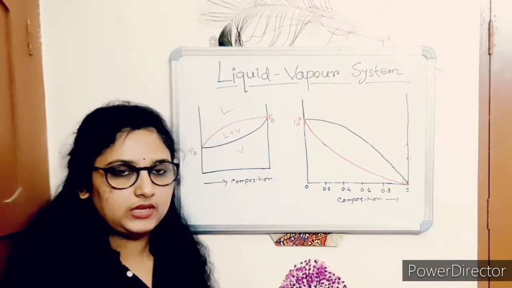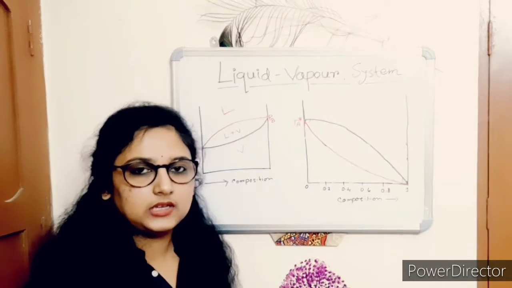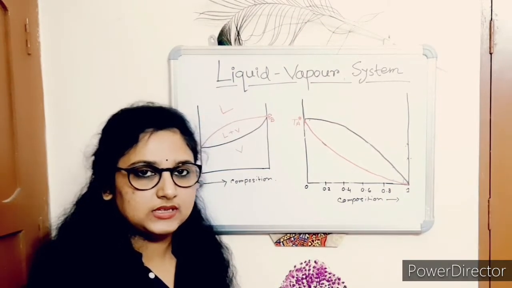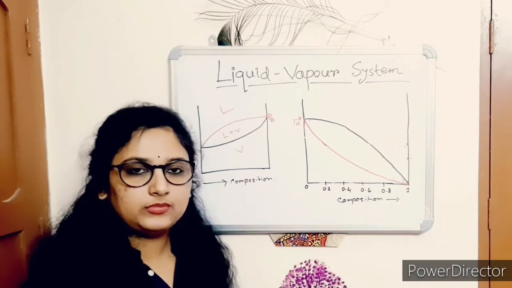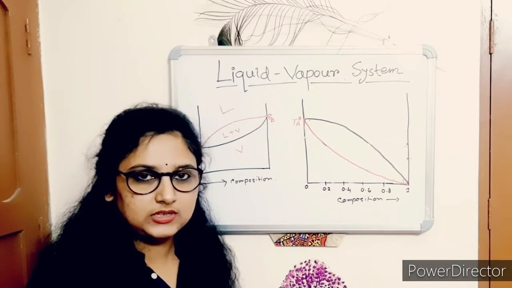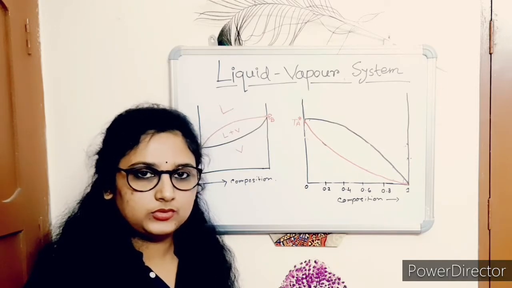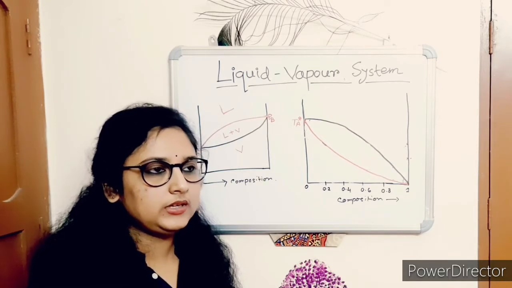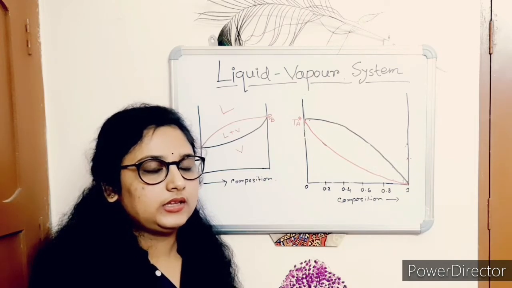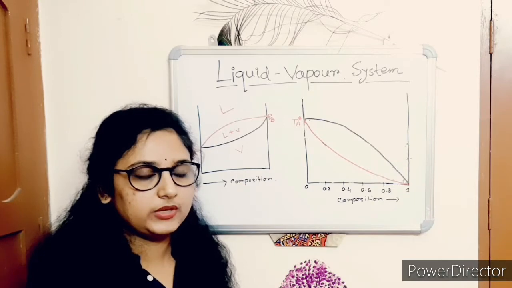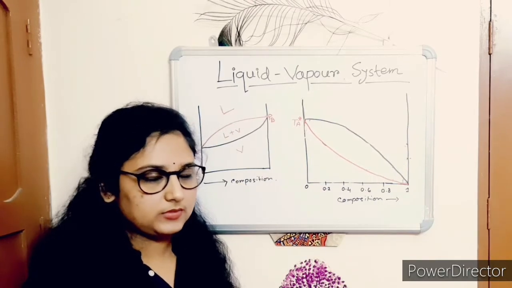Whenever you mix two volatile liquids, and they are miscible, they will form a homogeneous solution. In the case of phenol water, they form homogeneous and heterogeneous solutions, because this is a partially miscible solution.